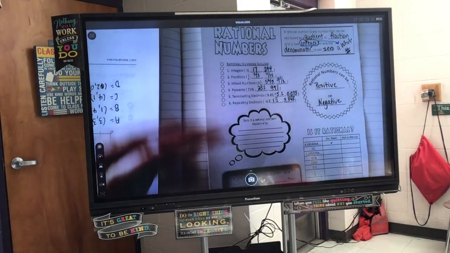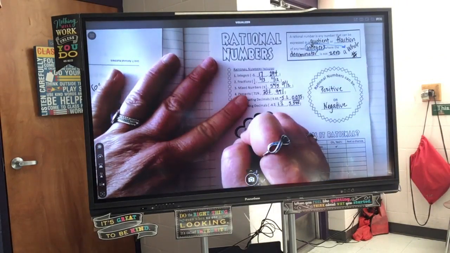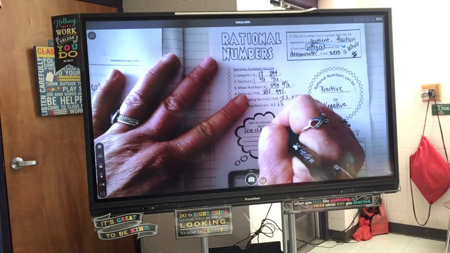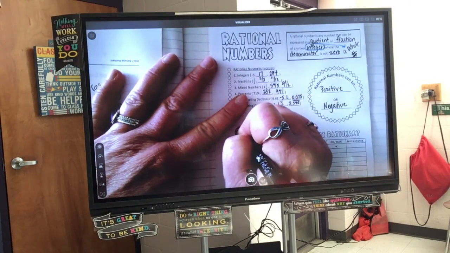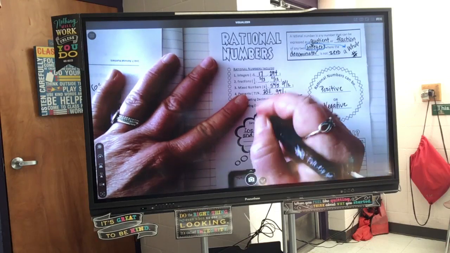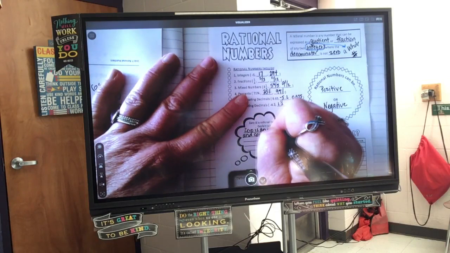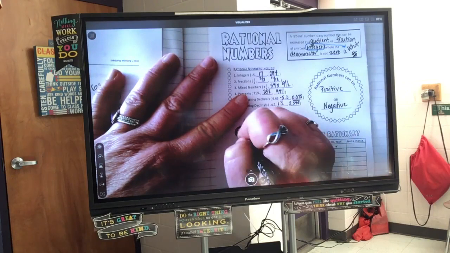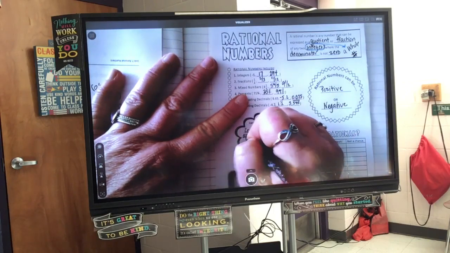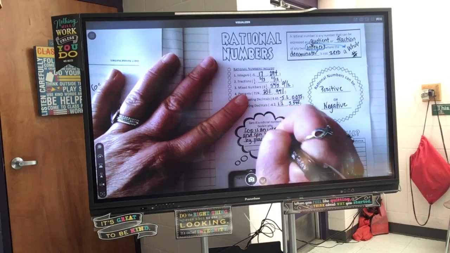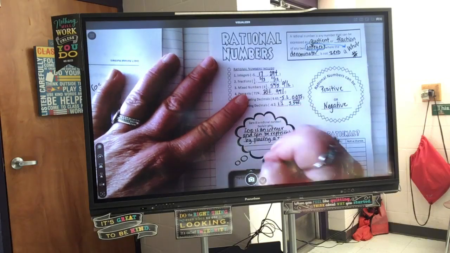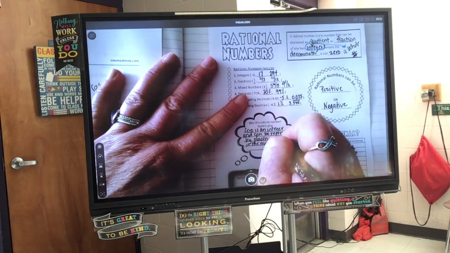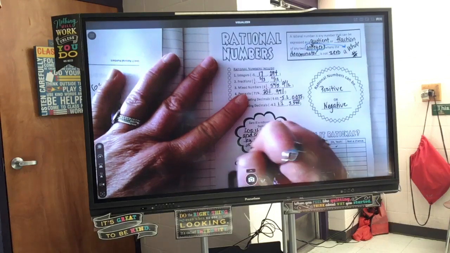And then 0 is a rational number, and the reason 0 is a rational number is because 0 is an integer and can be represented by placing a 0 in the numerator of any fraction.